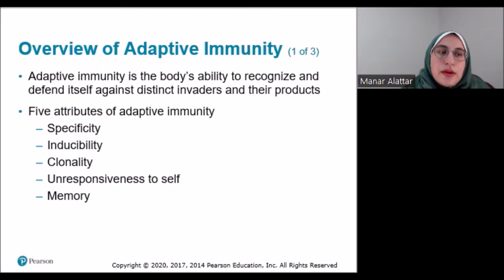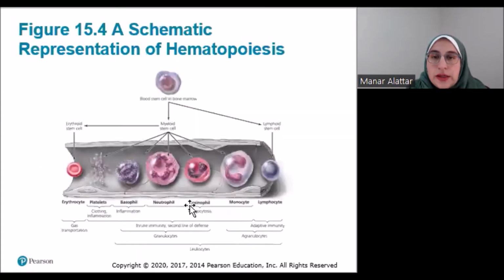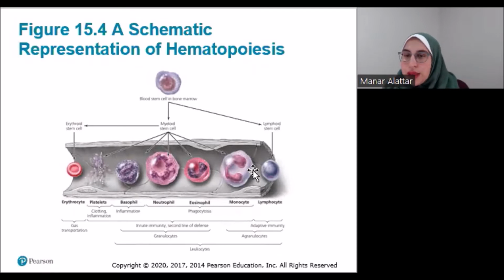And so the primary cells of our adaptive immune system, it will actually take us back to Chapter 15 when we talked about the components of blood, and specifically white blood cells. So the white blood cells are the ones that are really providing us with the cells that are responding in a targeted way to potential pathogens in the environment, and specifically lymphocytes.